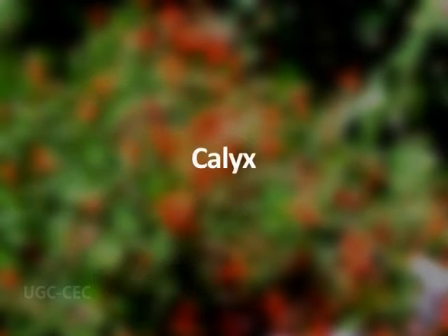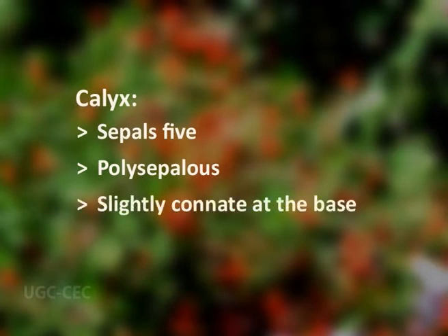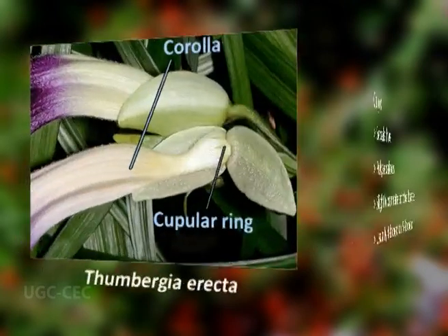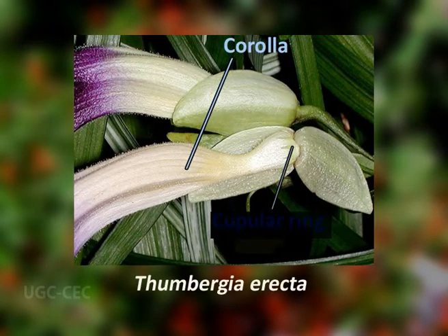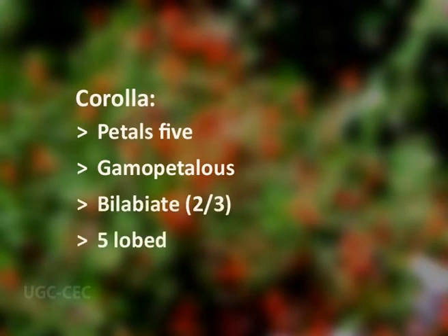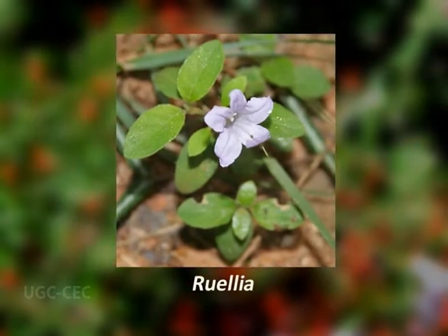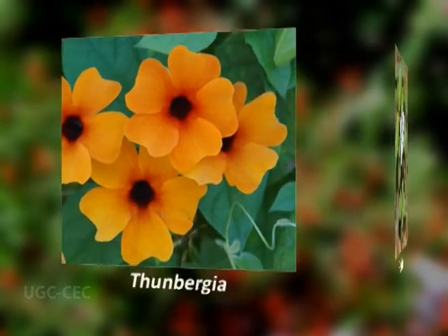Now the calyx. Sepals are 5, polysepalous or slightly connate at the base, usually 4 or 5 lobed. Sepals are reduced to a cupular ring in case of Thunbergia. Corolla. Petals are 5, gamopetalous, bilabiate, 5 lobed in Dipteracanthus, Ruellia and Thunbergia, with 2 posterior lobes being more connate.